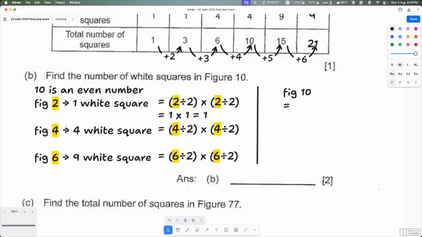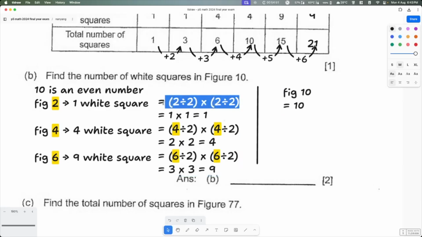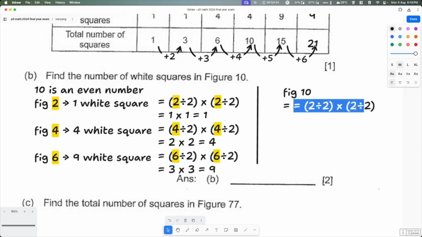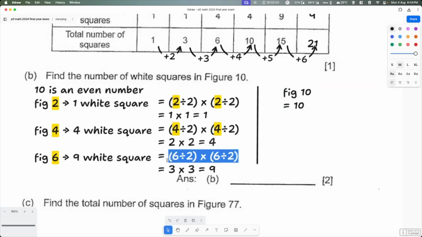Then 2 times 2, equal to 4. And then 3 times 3, equal to 9. So figure 10 will be 10 divided by 2 times 10 divided by 2.